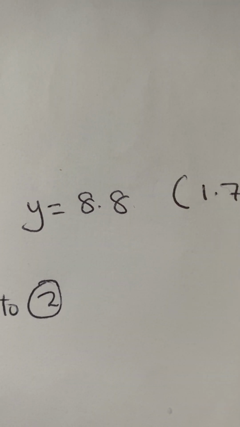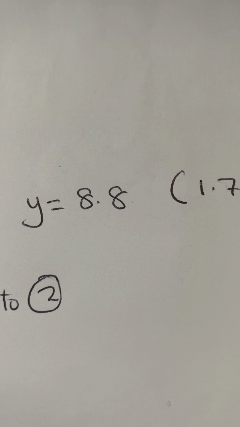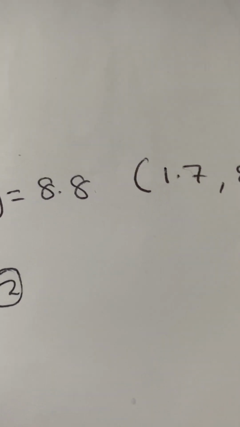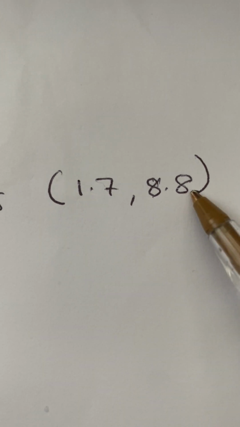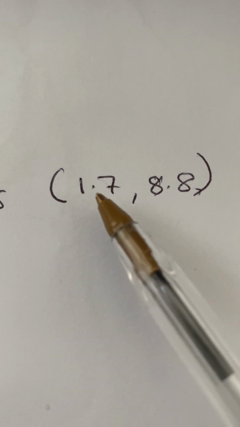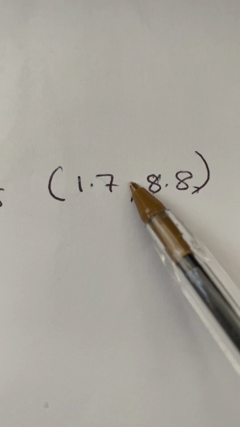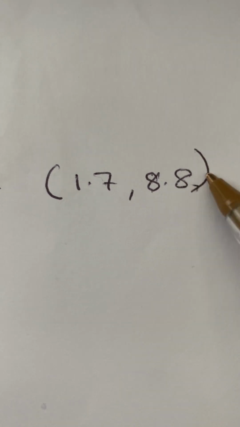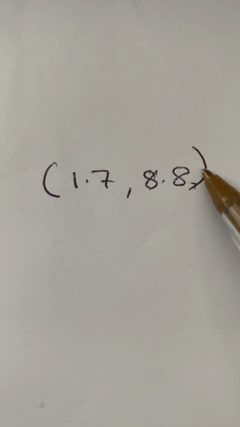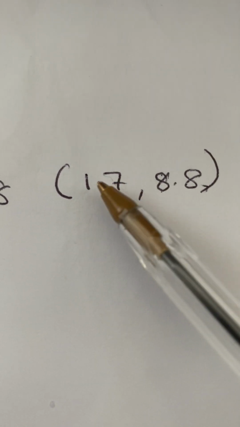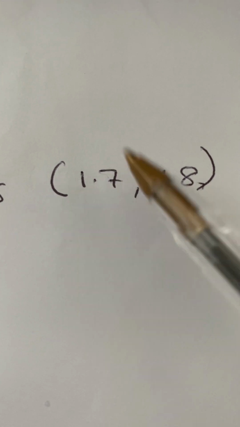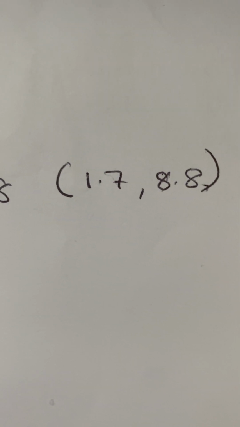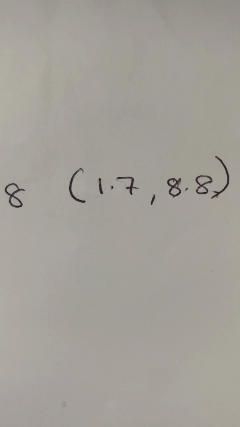So assuming I was drawing a graph, a curve and a straight line, the first point of intersection will be x 1.7 and y 8.8. But we're not asked to put it as coordinates. We're just asked to leave it at the x coordinate to one decimal place, so we don't need to do this extra work.